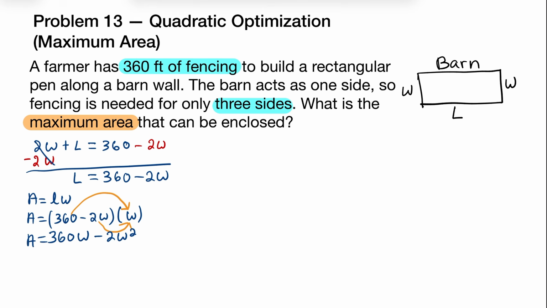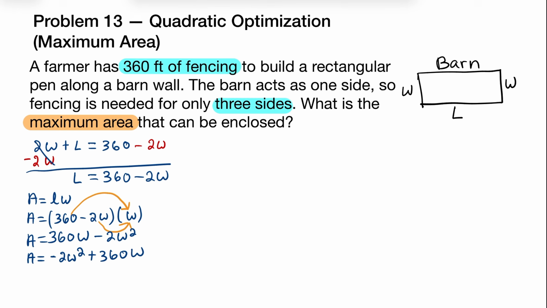And so what I'm going to do is just turn this around so it says A equals negative 2W squared plus 360W.